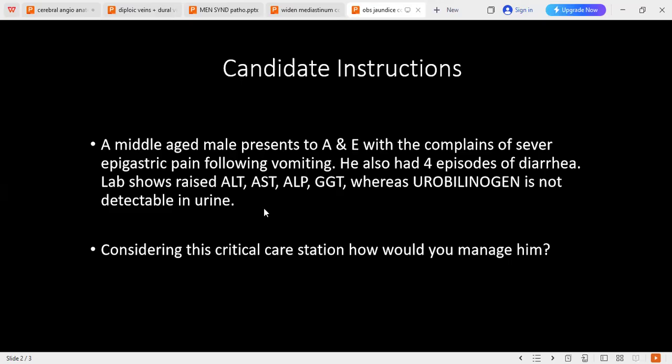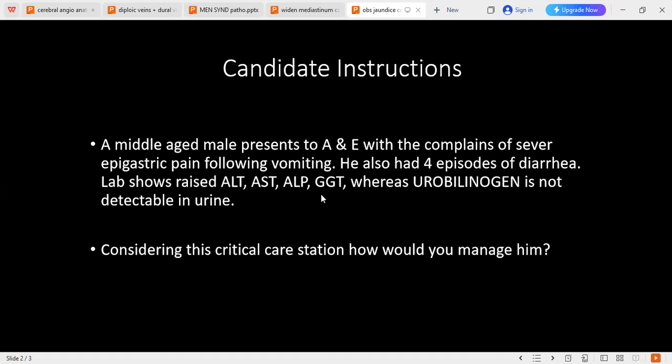When you're considering the lab results, which one is more important, ALP, alkaline phosphatase, or GGT, gamma glutamyl transferase, and why? I think GGT is more important.